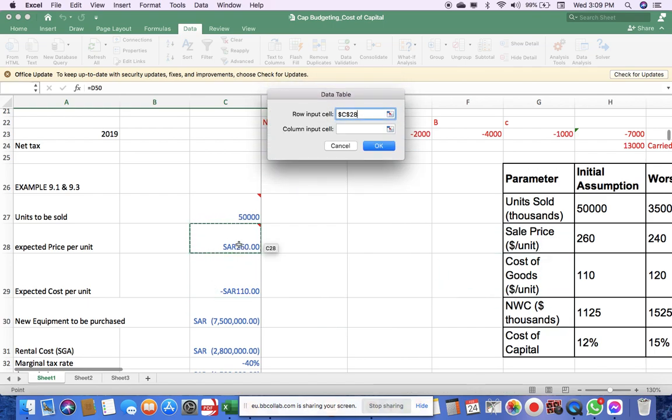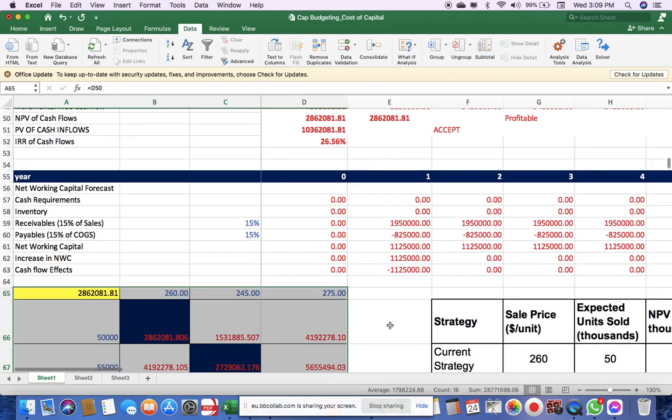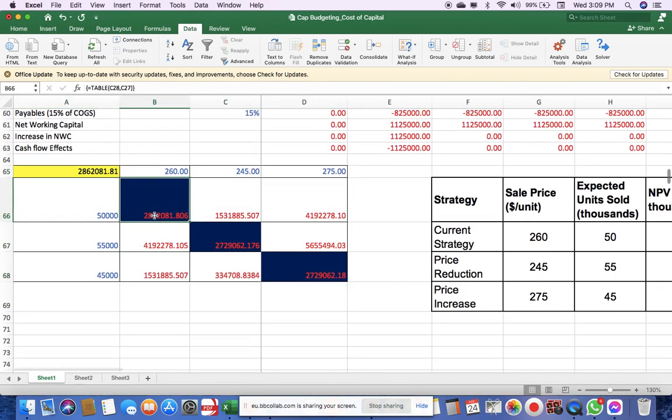In the column we have given the number of units. Enter. You see down? 286,2081.